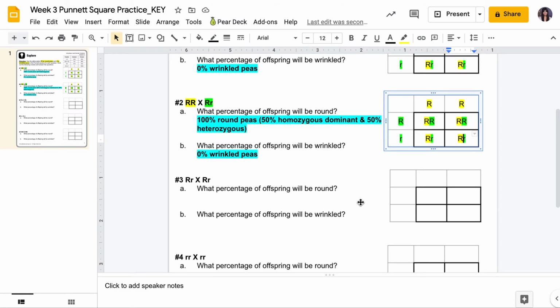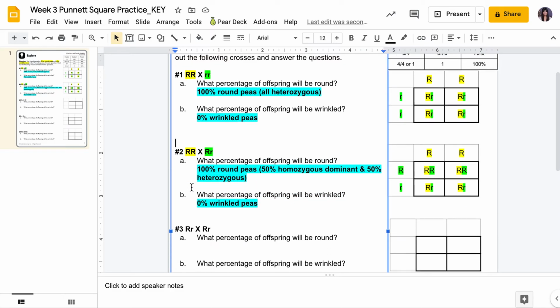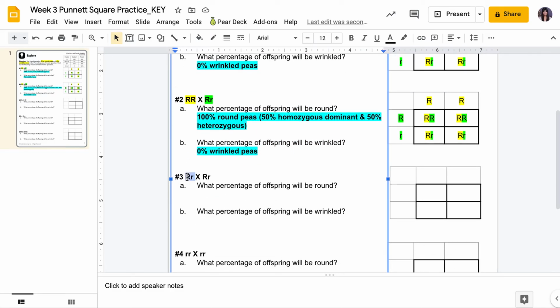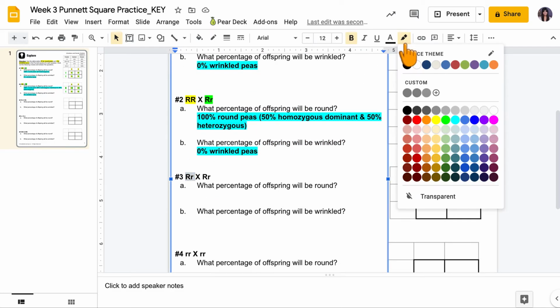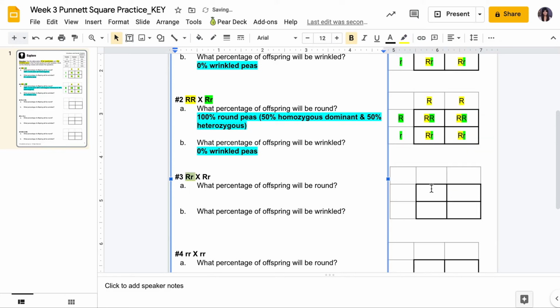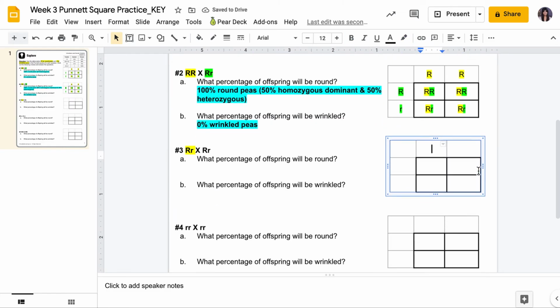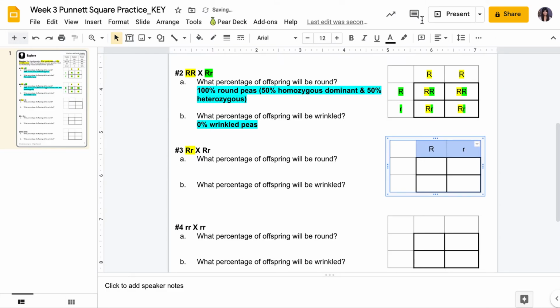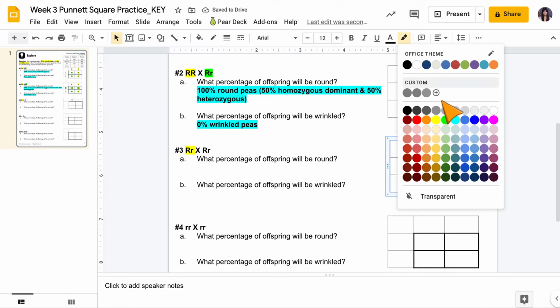For the following one, I'm going to show you how to start on this, and I want you to give it a try. Again, for the first parent, I am going to highlight this in yellow. And I'm going to show this in yellow as well. So this is the first parent.